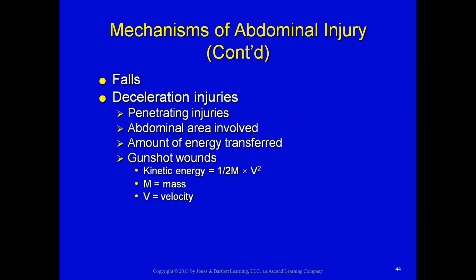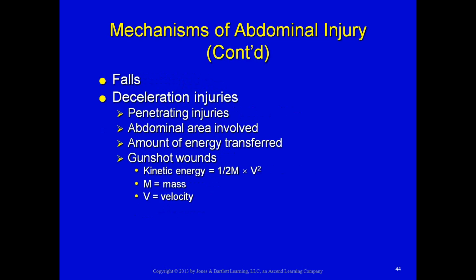Falls, again, falls greater than 3 times your own height can lead to significant trauma of all your body systems. Deceleration injuries can be penetrating. The abdominal area may be involved. You have to take into account the amount of energy transferred, and that's that whole kinetic energy formula where you look at half the mass times velocity squared.